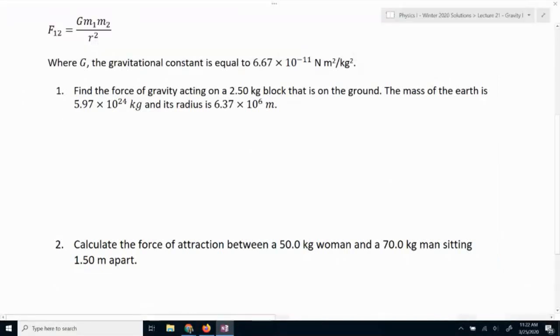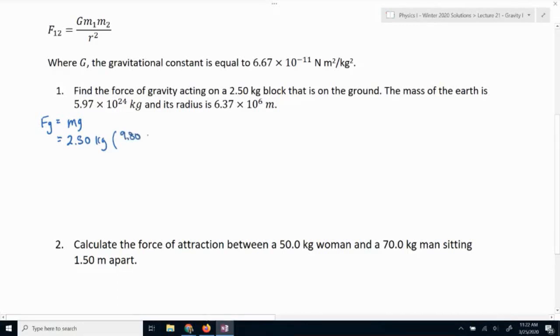What was that formula? Fg equals what's the formula we've been using all along to find Fg? mg. Good, mg. The object is 2.5 kilograms. And what's g? 9.80.